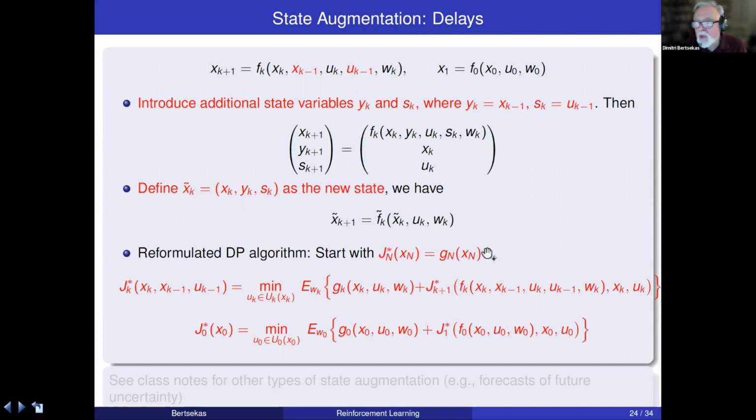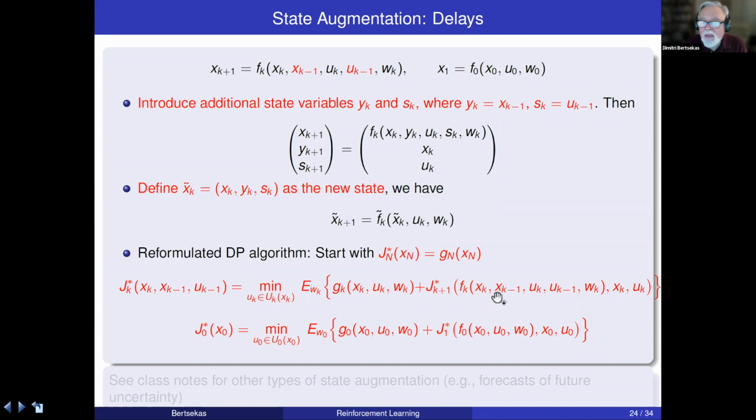We start from the terminal cost function, and then we have an optimal cost-to-go calculation that involves not only the current state, but also the additional artificial states that we have introduced, a bigger state space, to execute this minimization that involves xk minus 1, uk minus 1 here.